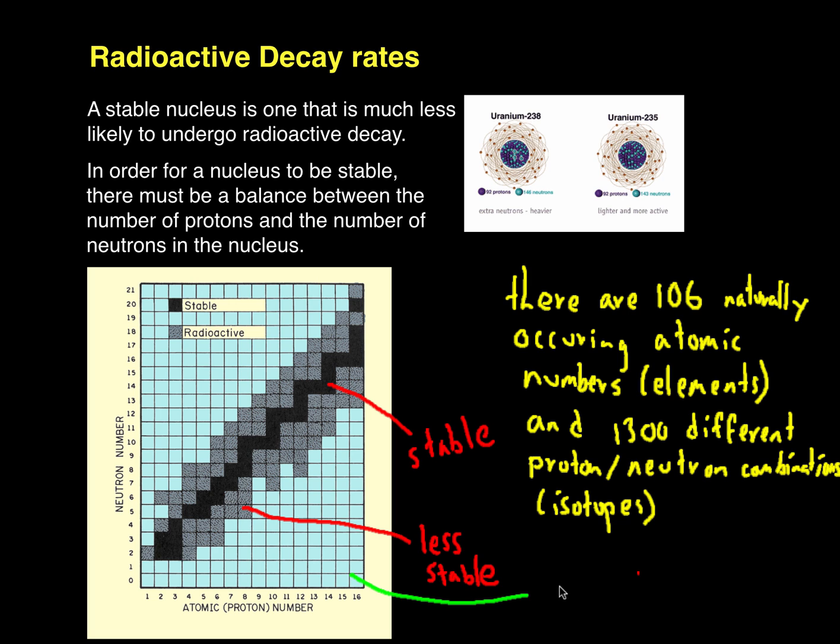The blue can't exist naturally because they're way too unstable. For example, you would never have helium with 2 protons and 21 neutrons. That won't happen. It'd be way too unstable.